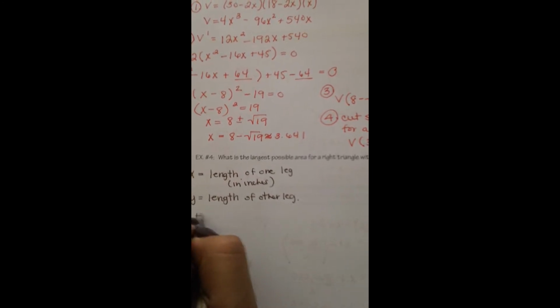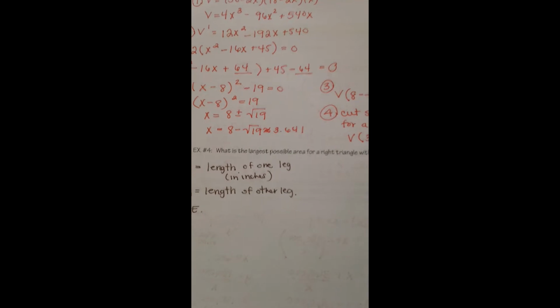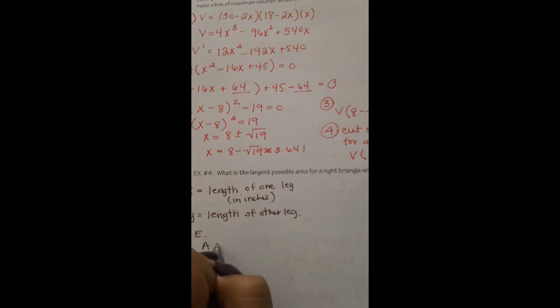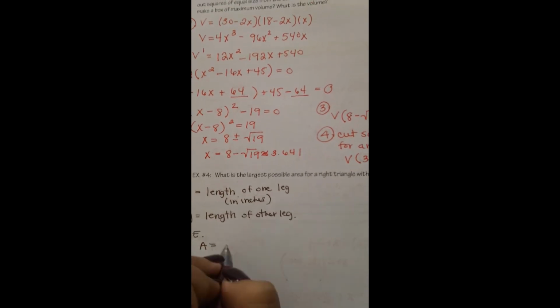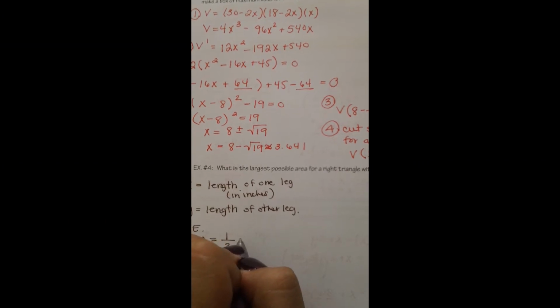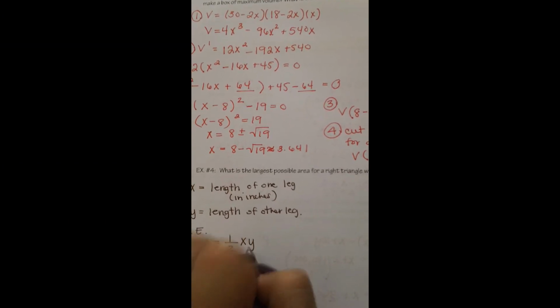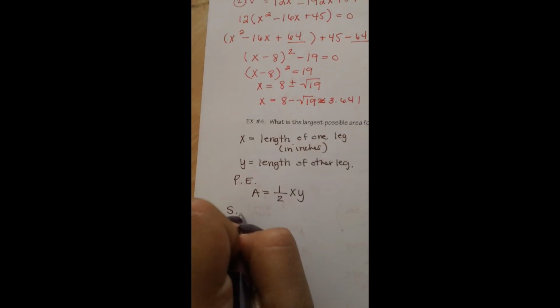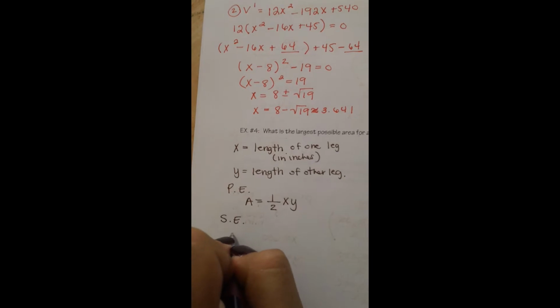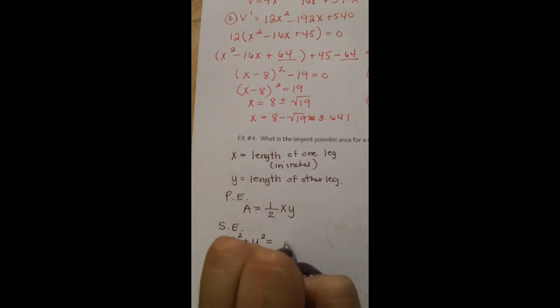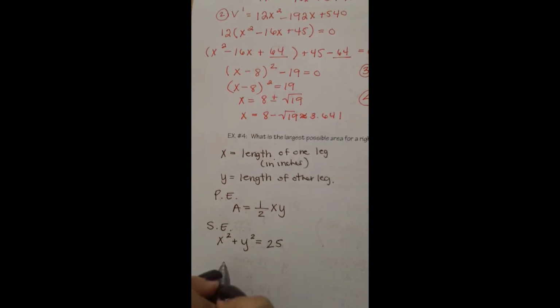Our primary equation in this problem will be the area, since that's what we're trying to maximize. Area of a triangle is 1/2 length, or base times height. And our secondary equation, since it's a right triangle, x squared plus y squared, and we're looking for a hypotenuse of 5 inches, so that's 5 squared, which is 25.